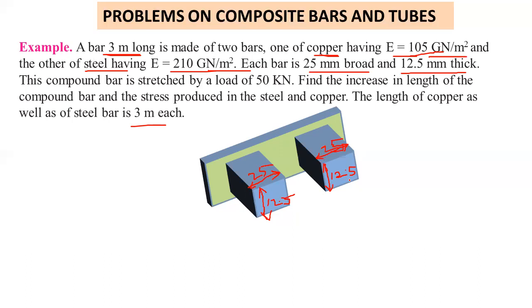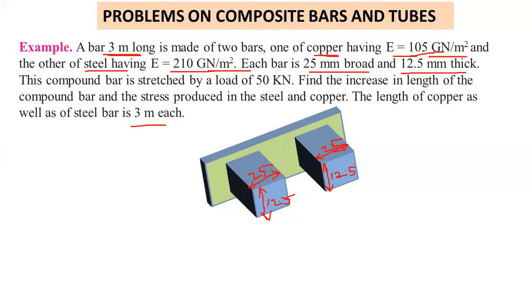But the Young's moduli are different, so the load carrying capacity is also different. The load carried by the copper bar is not equal to the load carried by the steel bar.